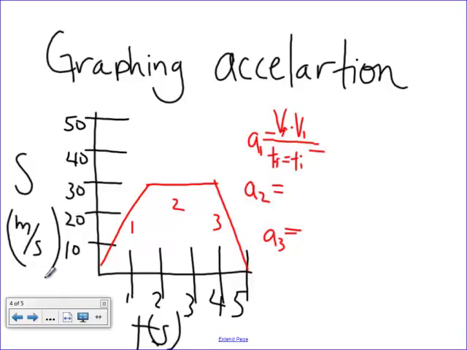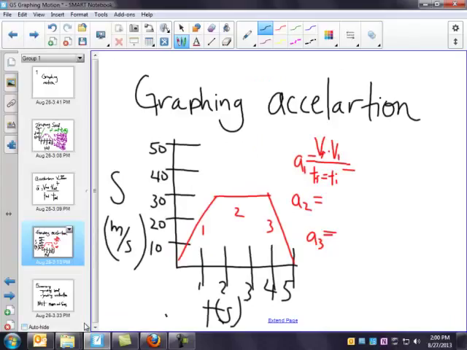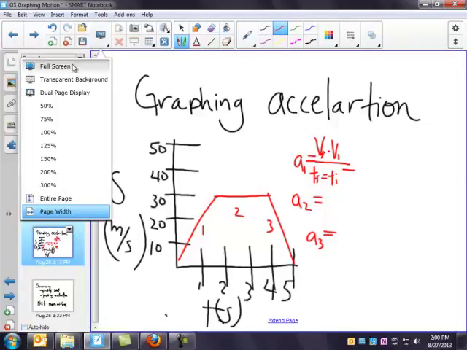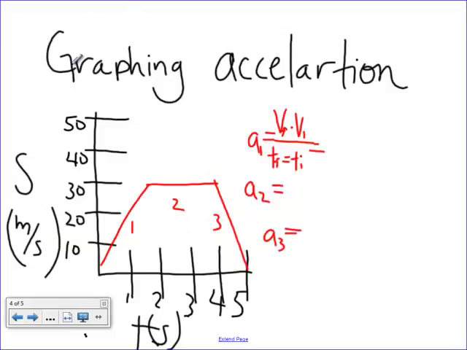Okay, let's see what's going on with the slope of this line and calculate the acceleration at the different points on this graph. I'm going to change my pen again, just to be consistent, to red. So at A1, what's the acceleration?